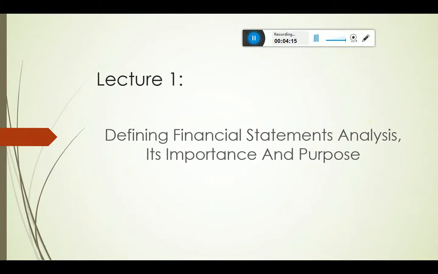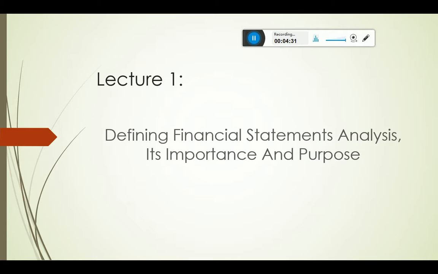Our first lecture in this chapter is defining financial statements analysis, its importance and purpose. So let's begin with the definition of financial statements analysis.